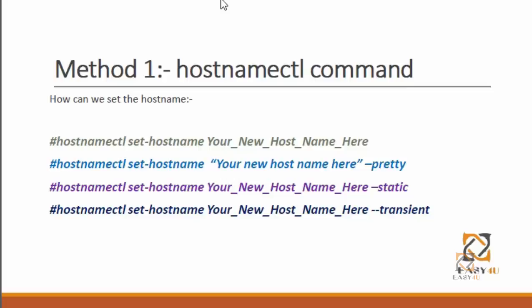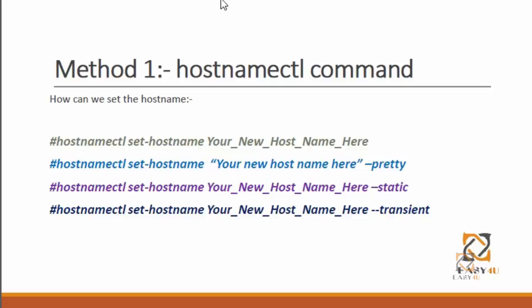If you want to set static hostname, then you need to execute this command: hostnamectl set-hostname. Then type the hostname you want to set for your Linux machine, then space and then the double hyphen static option.